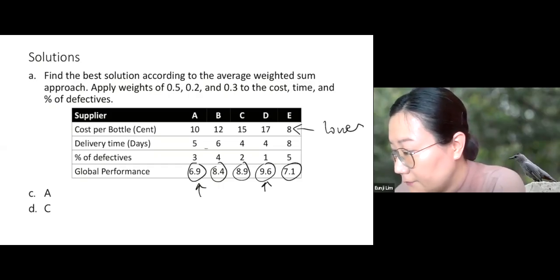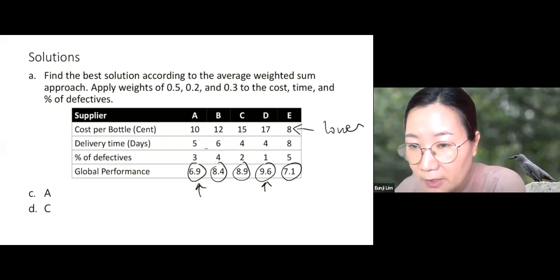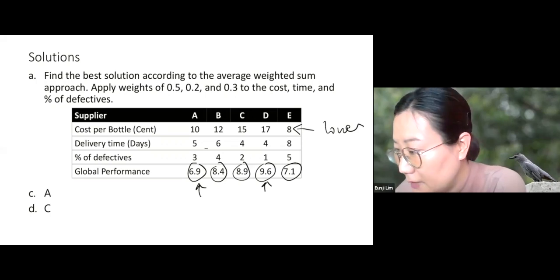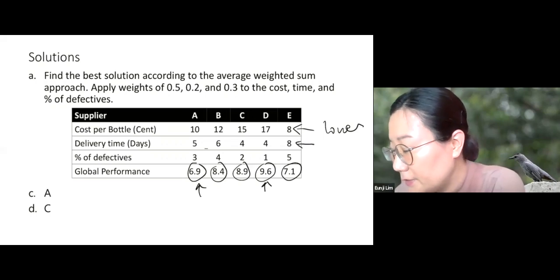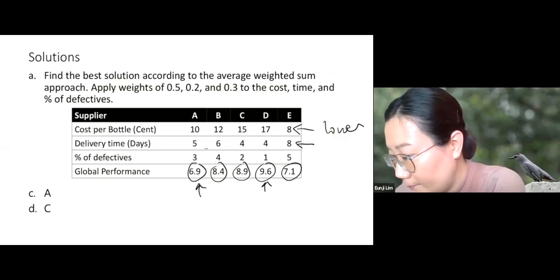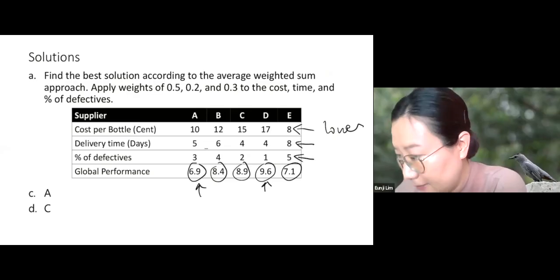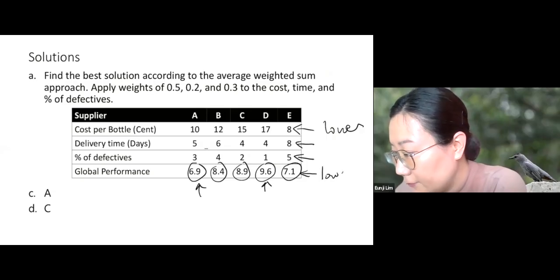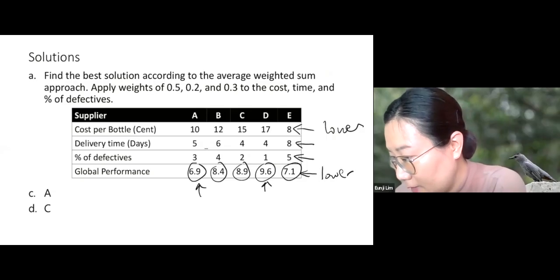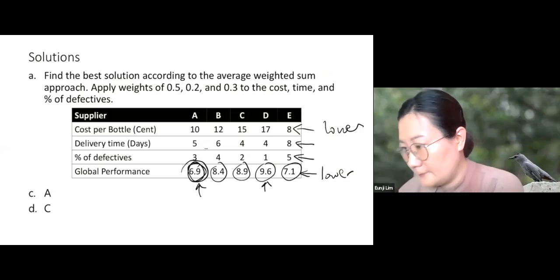Now, if you look at the delivery time, does the lower value indicate the better performance? Yes. The lower the delivery time is, the faster we can get the product. What about the percentage of defectives? Does the lower value indicate better performance? Yes. So to summarize, a lower value indicates better performance in the global performance. So we should pick the one with the lowest value.